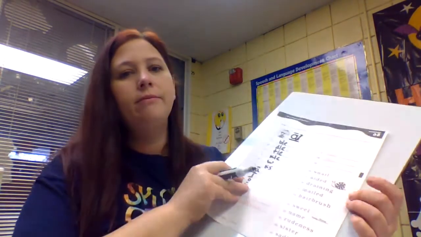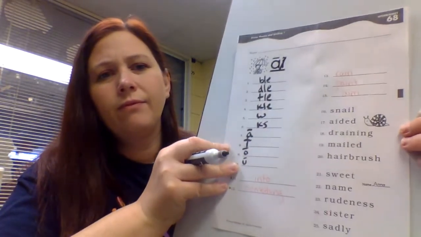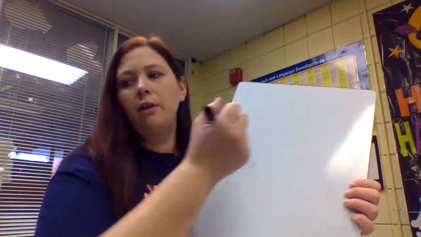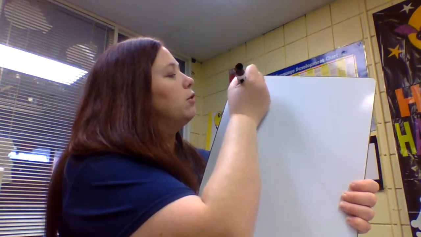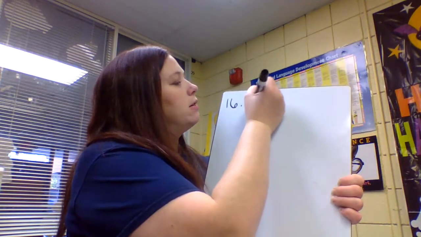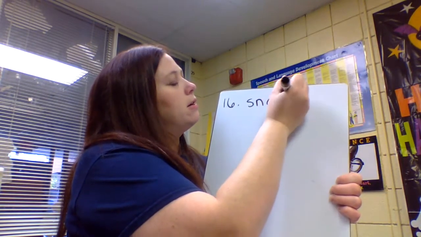I'm wondering, I think it might be easier if I code on this still. I was thinking maybe I could use that sheet and code straight on the sheet, but maybe not. Alright, we are going to start by coding snail. We have the digraph.